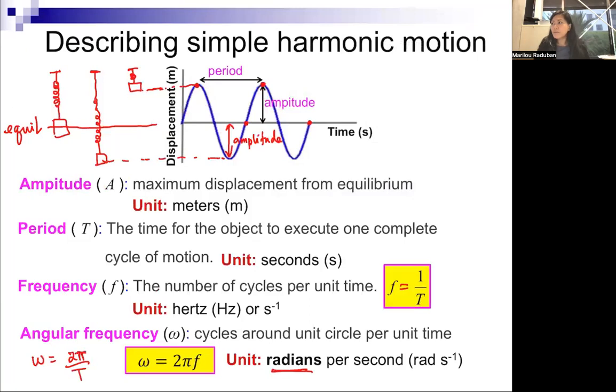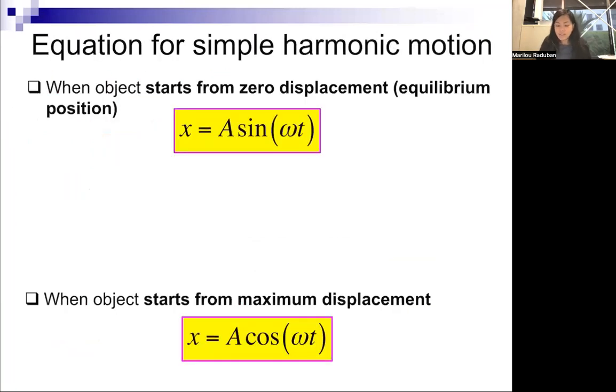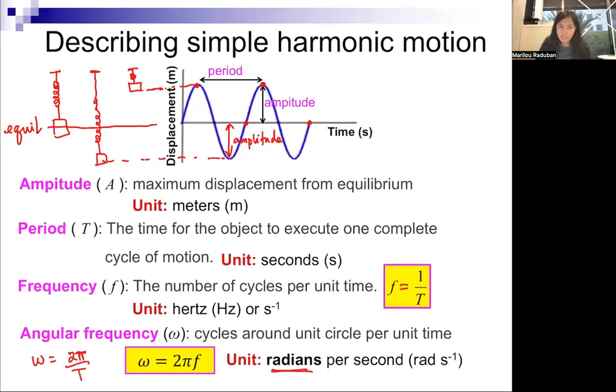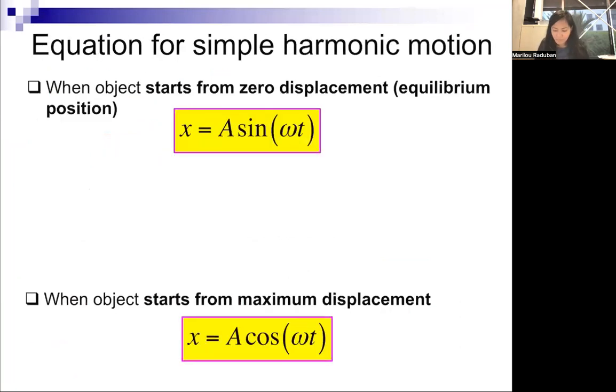So this is the graphical representation of the simple harmonic motion, but we can also describe this graph using a mathematical equation. The mathematical equation for simple harmonic motion is a sine or cosine function.